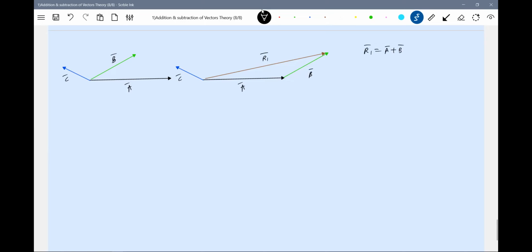Now what I want is minus C bar. Minus C bar should be opposite to vector C bar. Now this has to be added to this.